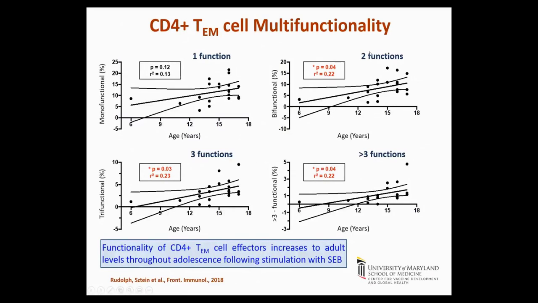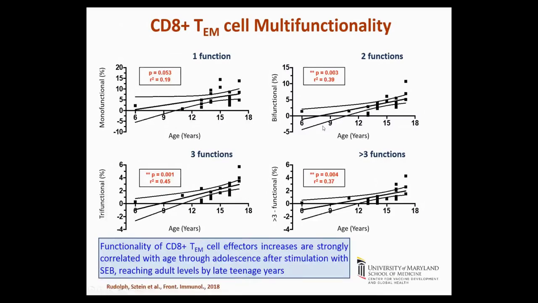However, there were very strong correlations, statistically significant, when we look at 2 functions, 3 functions, or more than 3 functions in children, indicating that the children of a younger age seem to have lower multifunctional responses than those at, let's say, over 15 years old.